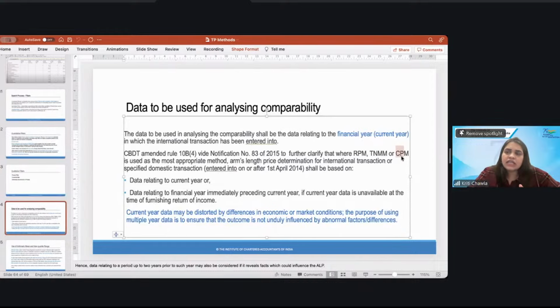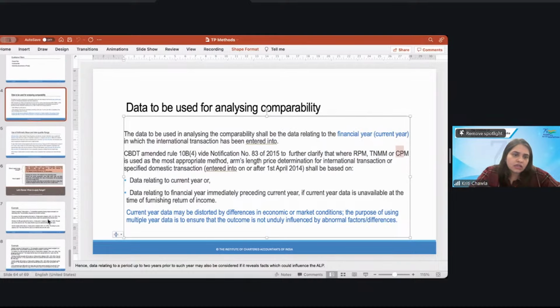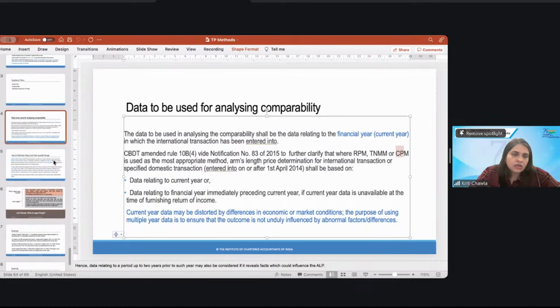Now, the next thing is, what happens now that you have 12 companies? How do you compare your taxpayer's operating percentage to the 12 companies' operating percentages? How do you do that kind of exercise?